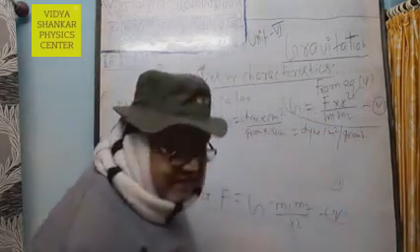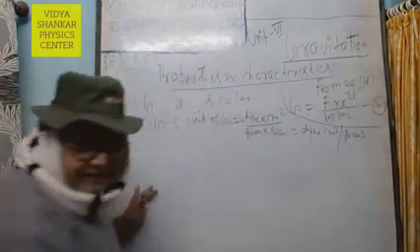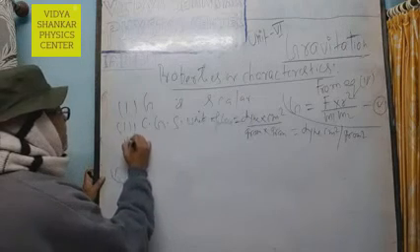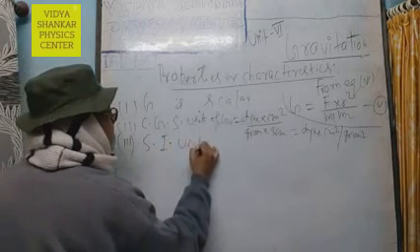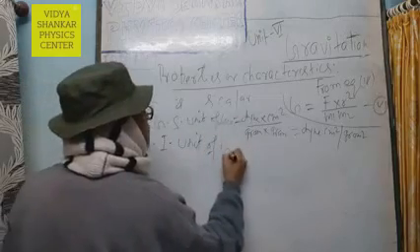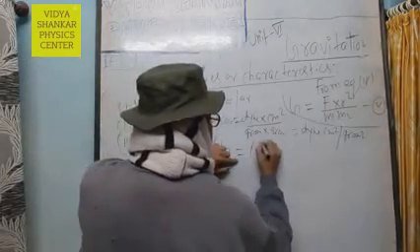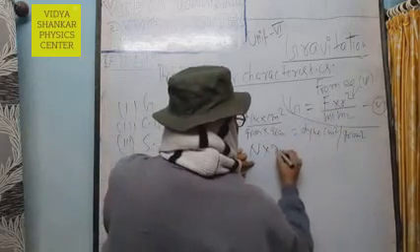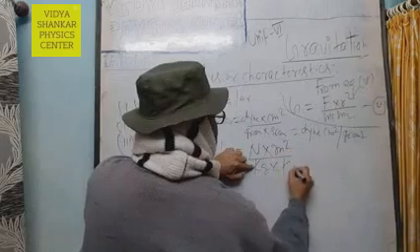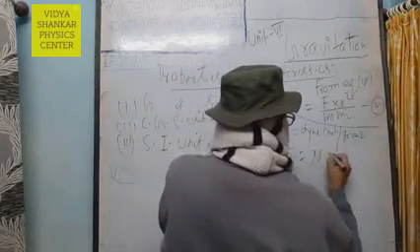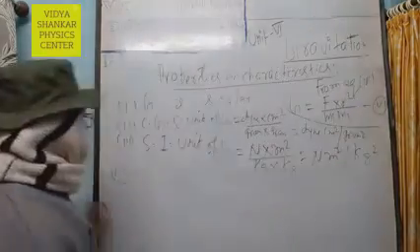That is the CGS unit of capital G. Third, the SI unit of capital G. F in Newton, R square in meter square, upon kg into kg, gives Newton meter square per kg square.